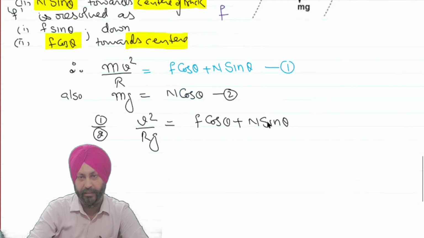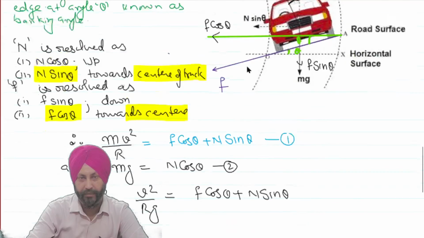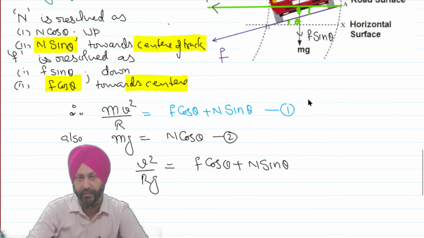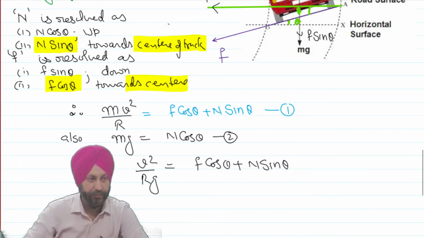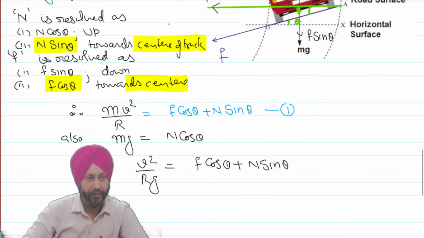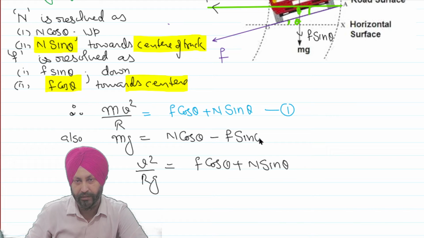Wait a minute, along vertical n cos theta is mg plus f sin theta, so vertically mg is equal to n cos theta minus f sin theta. Divide, it will be n cos theta minus f sin theta.